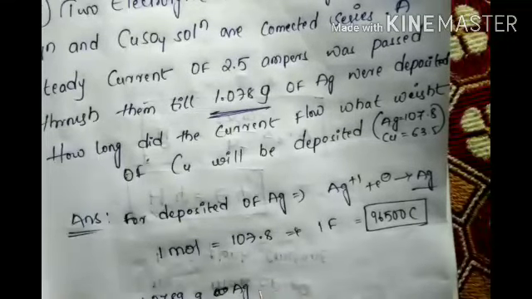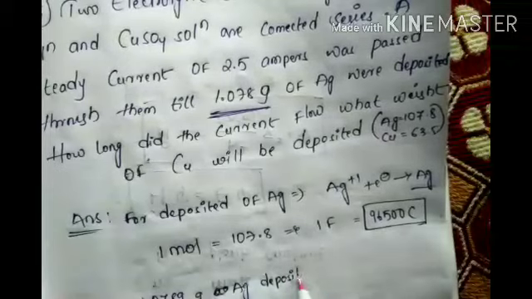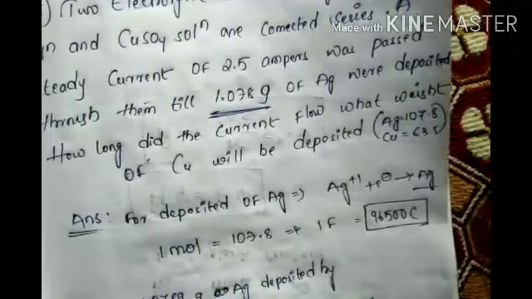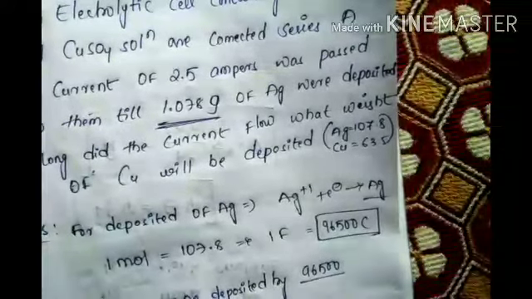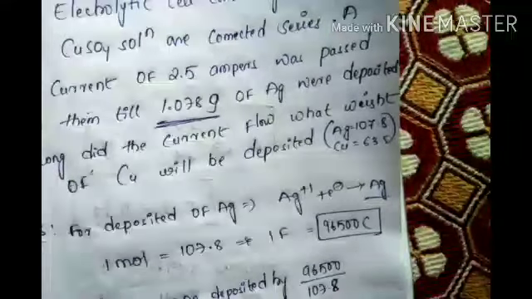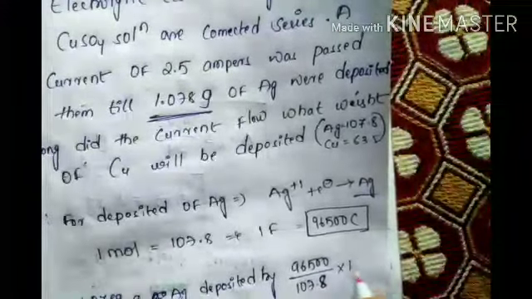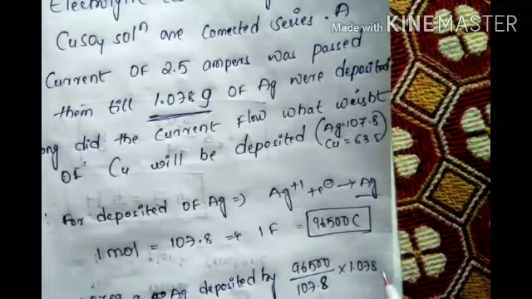Grams of Ag will be deposited by 96500 by 107.8 into 1.078 coulombs.